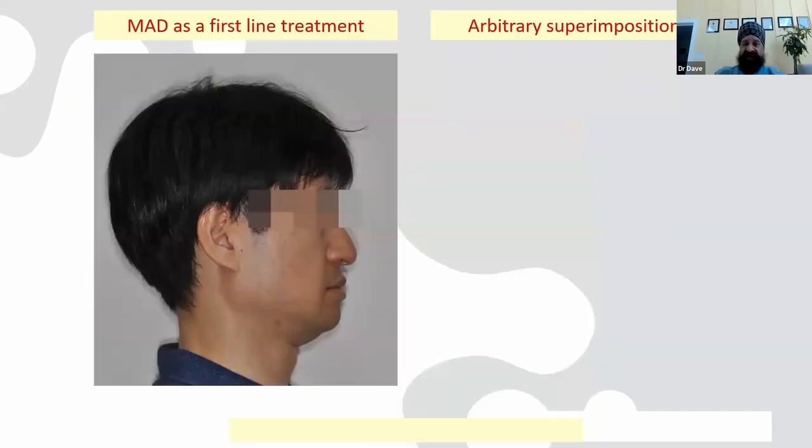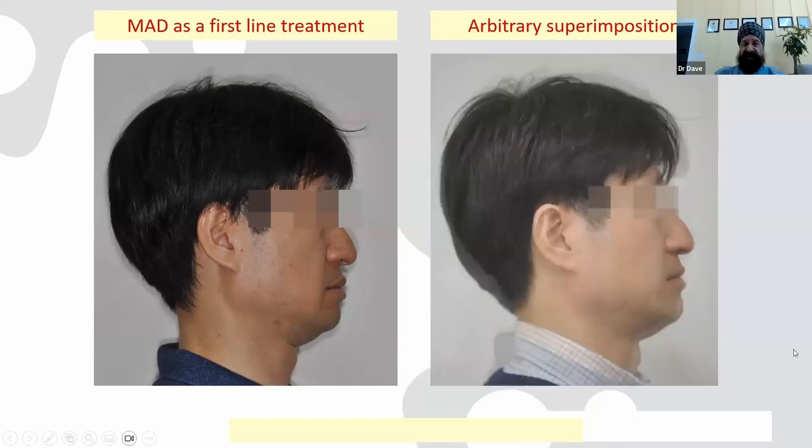So when you think about the mandibular advancement device, you can see this patient, the chin is slightly retruded, and then we do an arbitrary superposition with the device in the patient's mouth to take a photograph, superimposing with and without the device, and you can see how the chin and submental region has come forwards. And the assumption here is that the airway has, quote, opened or increased its caliber or cross-sectional area.